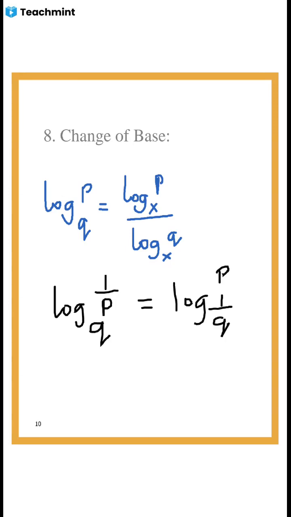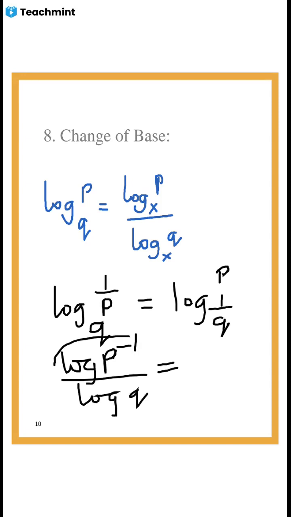Now let's use this law for it. This is going to be log 1 over p. 1 over p is p raised to the power minus 1, over log q. And you know that we say this power can go to the other side. That's going to be minus log p over log q. Can you get minus log p over log q?